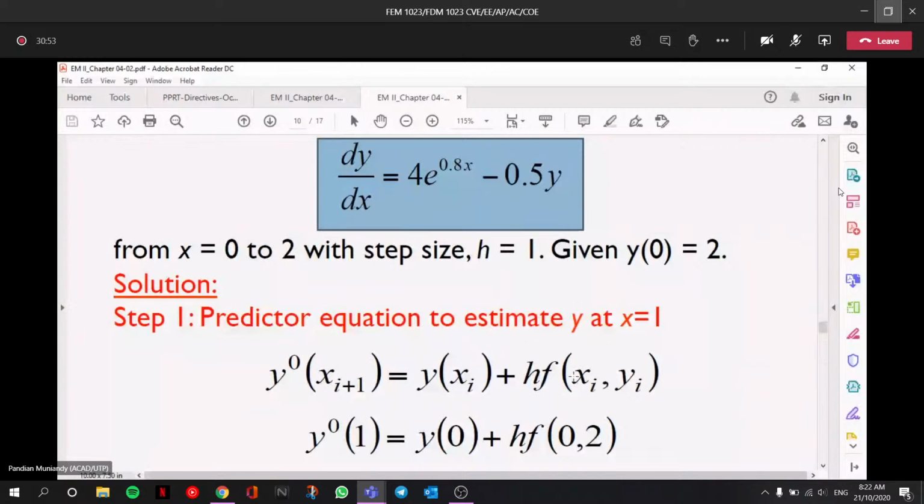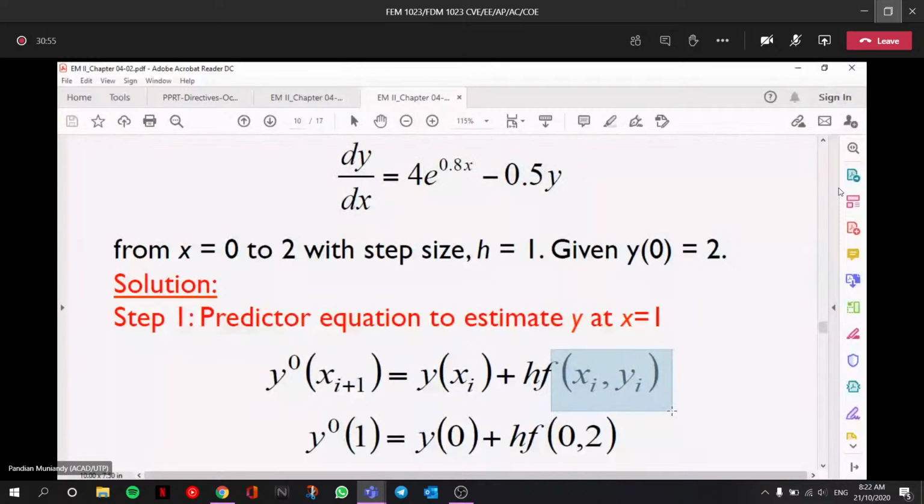equals, now this f x y is equivalent to this. Don't forget this, because this is your dy dx. In a differential equation you have dy dx, but in numerical methods we don't have dy dx. We have to write this, just a format. So how to calculate f 0, 2? You have to use this one.